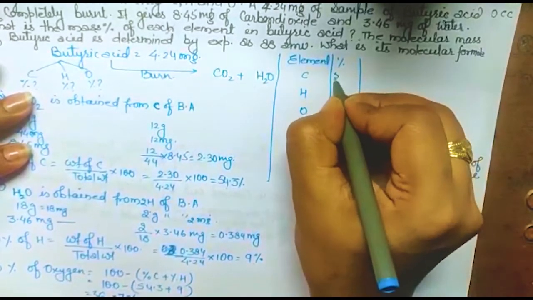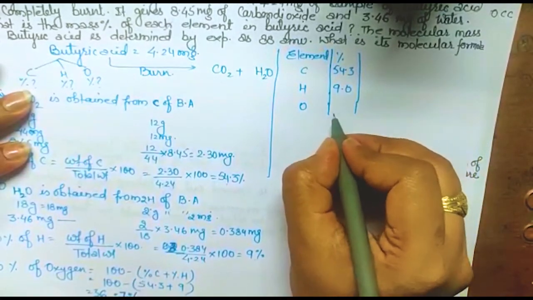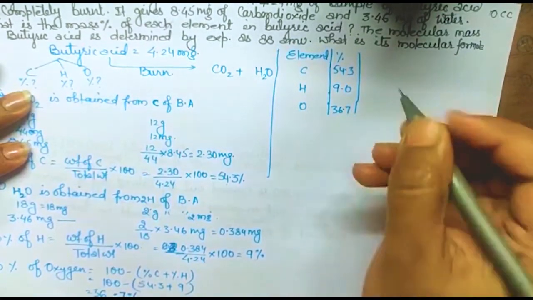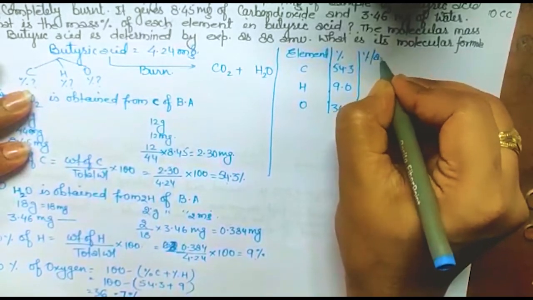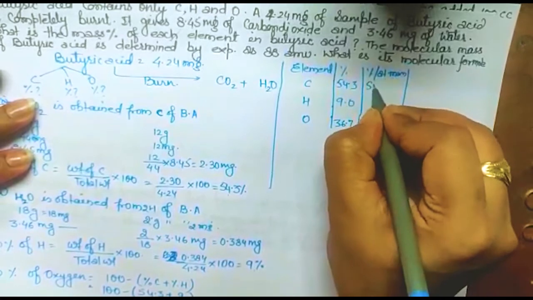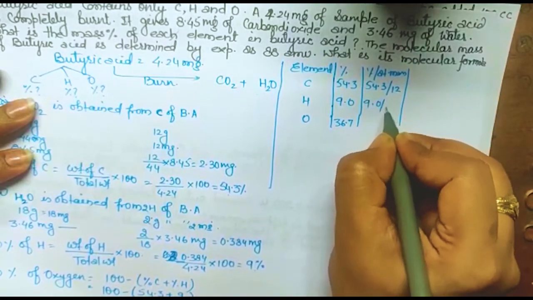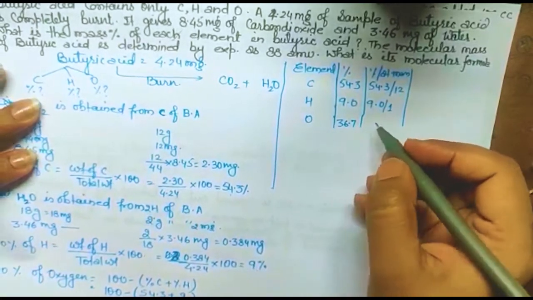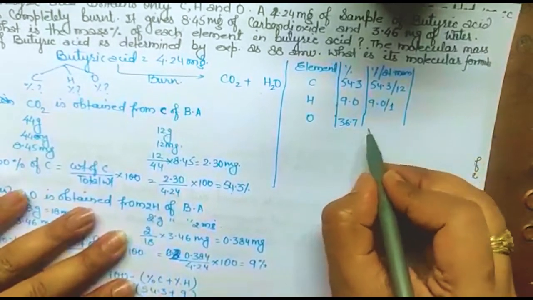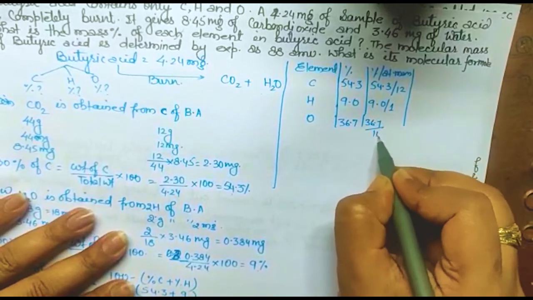Percentage is 54.3, hydrogen is 9 and oxygen is 36.7. So here, percentage upon atomic mass. So this is 54.3 divided by 12, this is 9 divided by 1, and here it will be 36.7 divided by 16. Isn't it?